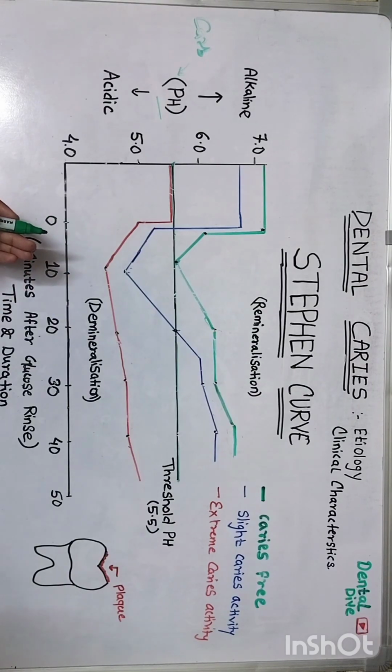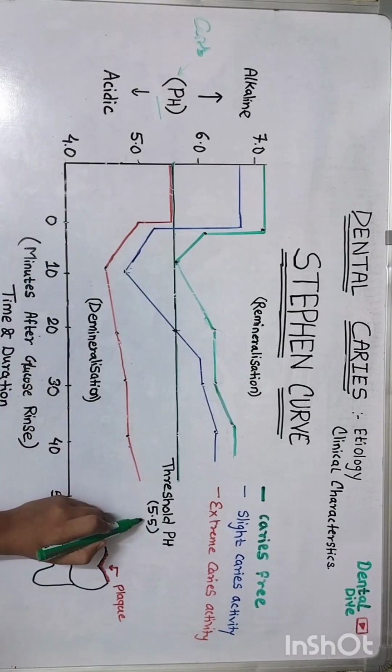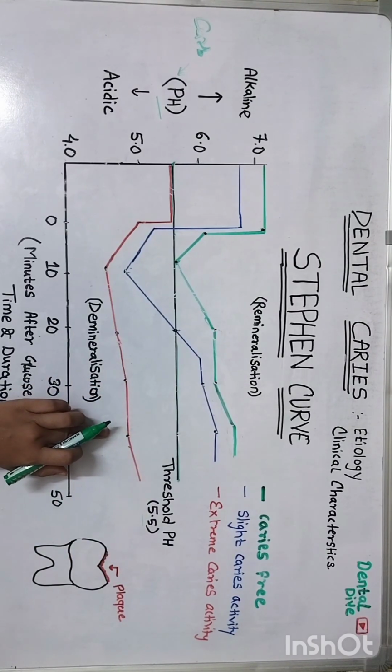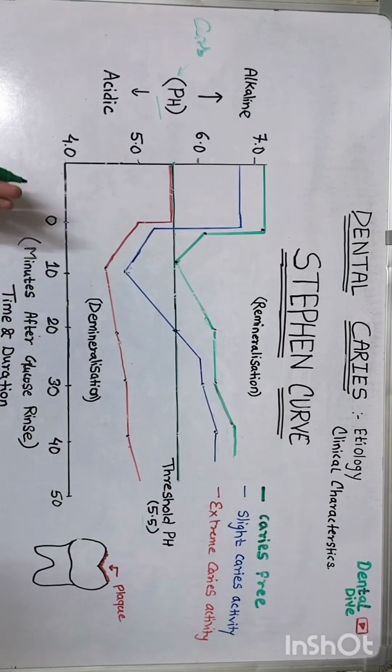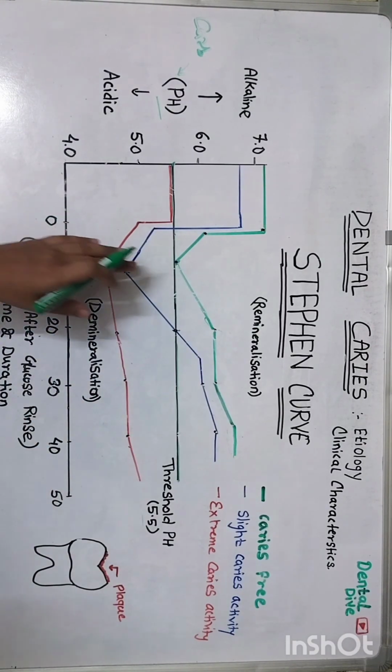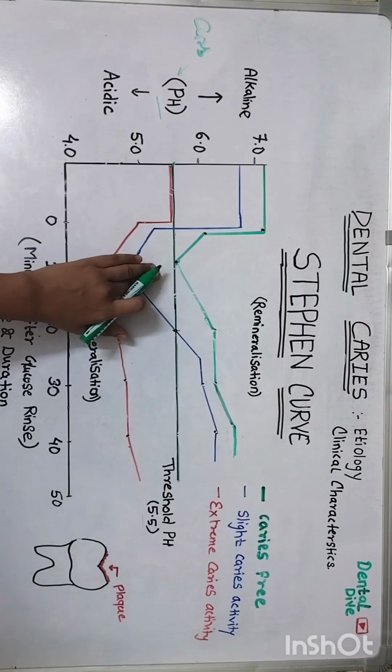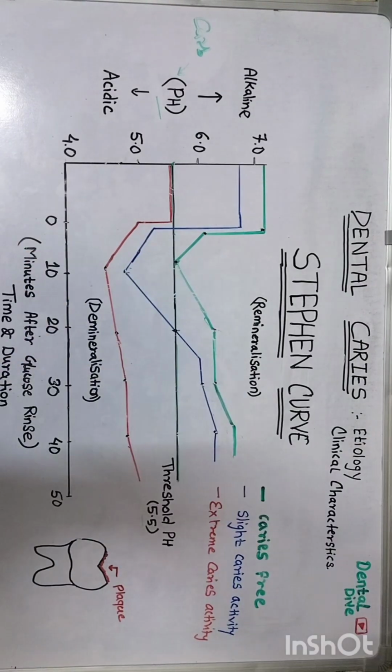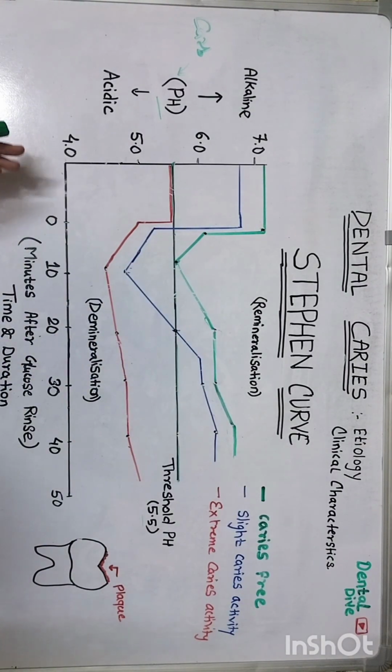The key point here to remember is the critical pH, which is 5.5. If the pH level drops below 5.5, the enamel starts demineralization. If the pH of the dental plaque does not fall below 5.5, there will be no demineralization. This shows us how the pH change can indicate risk of dental caries.